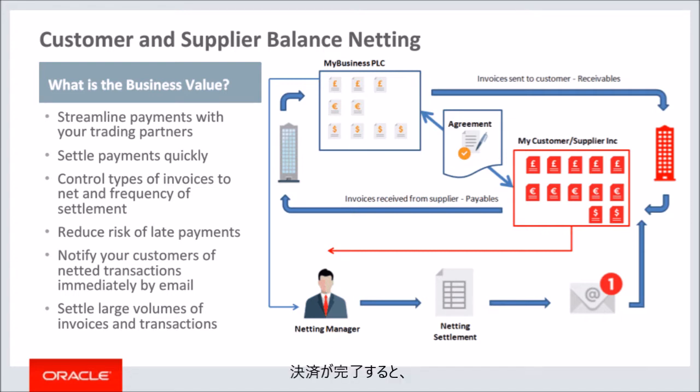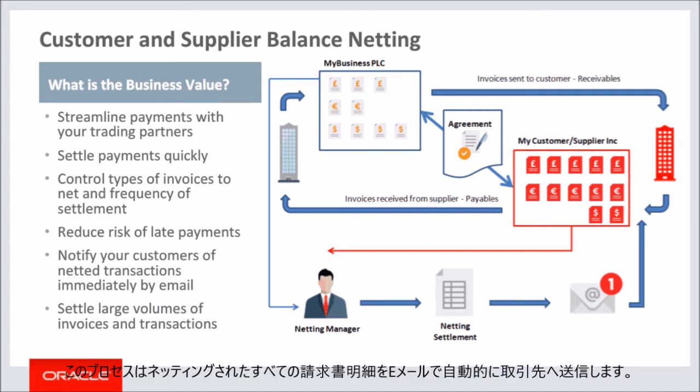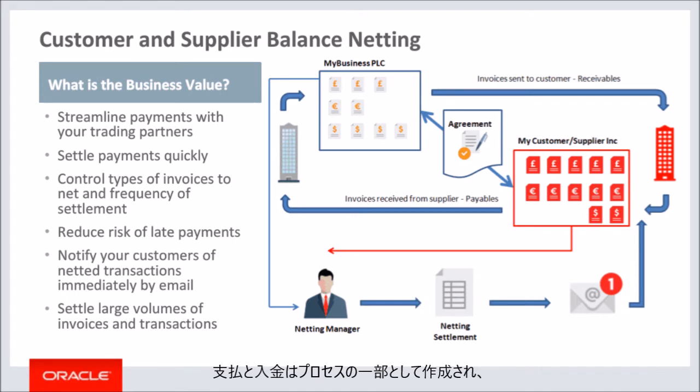Once completed, the process will automatically email your trading partner details of all invoices that were netted. The payments and receipts are created as part of the process, and these can easily be identified as those that are settled via the netting process.